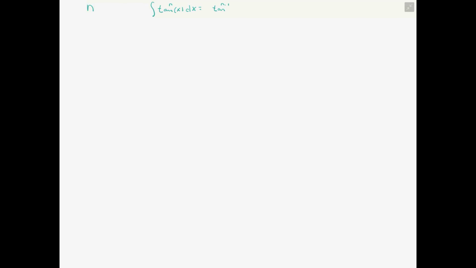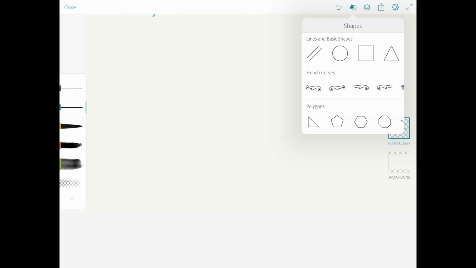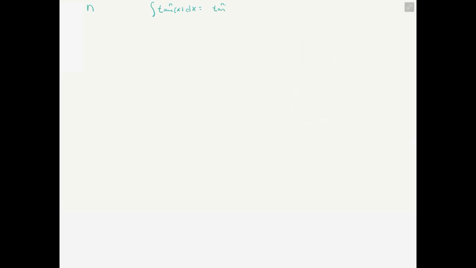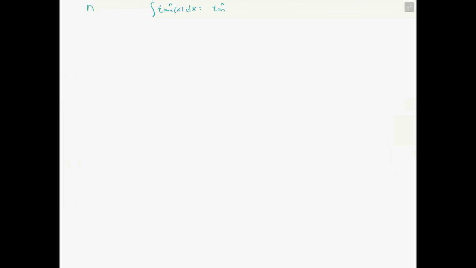Now, let's create a table. We're going to go n. And we've got this formula, the integral of tangent n of x dx equals tangent n minus 1. Oh, let's write that more clearly.